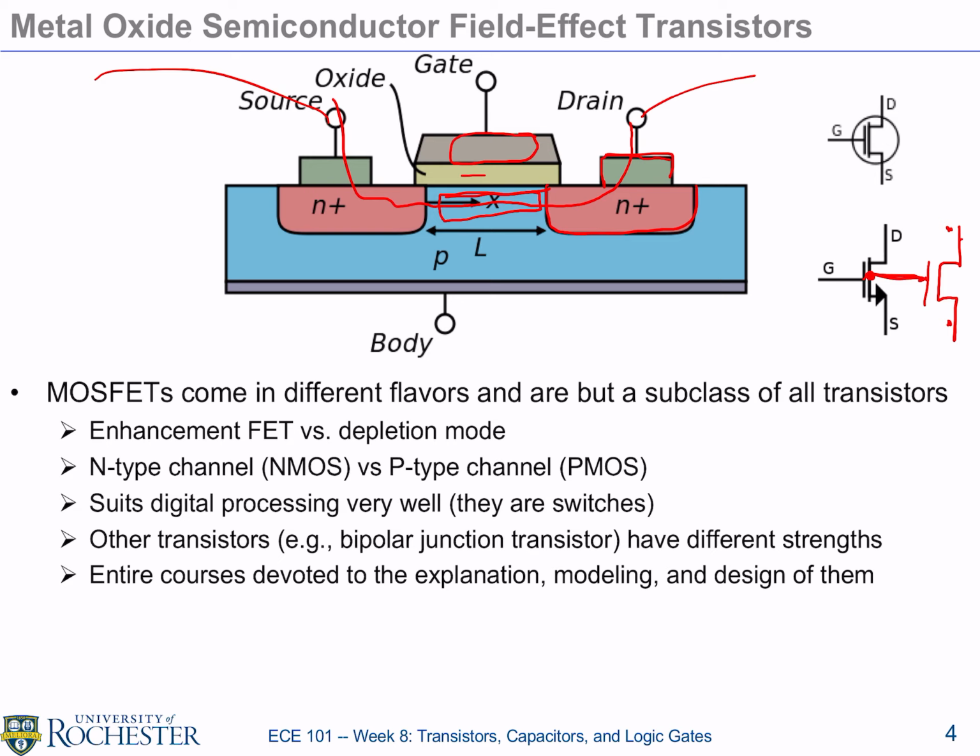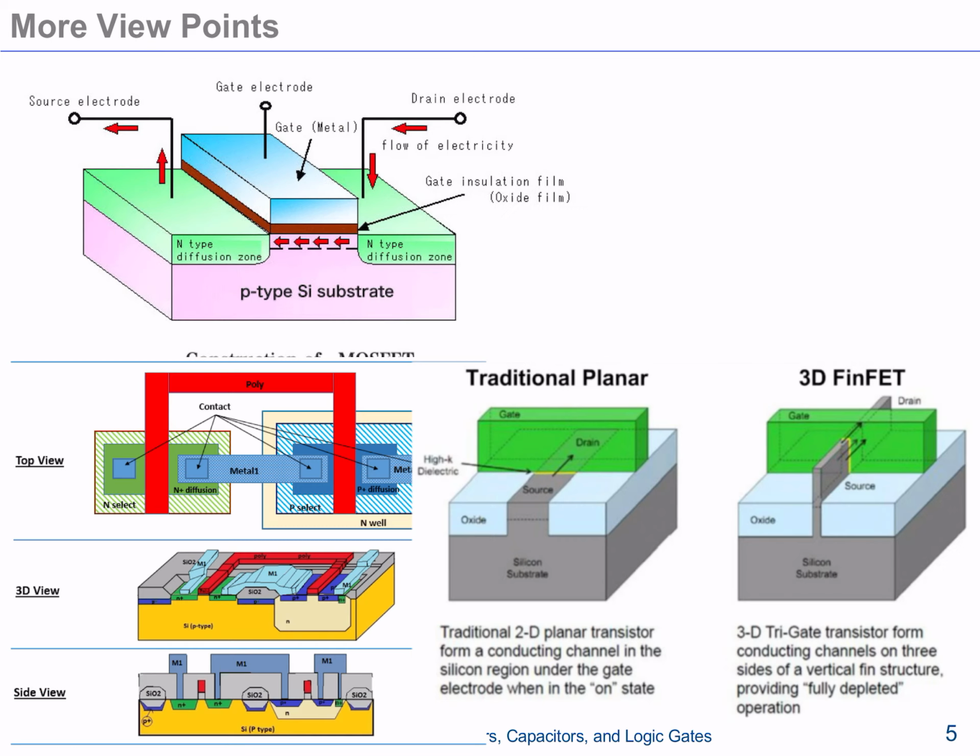In fact, there are so many details that will fill entire courses. Notice the plural about how they work. There are enhancement mode, depletion mode, and newer ones that people keep on inventing. So for instance, one of the issues is when we turn a transistor off, it's not completely off.